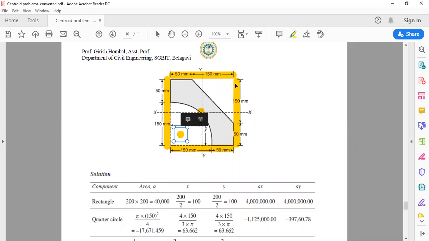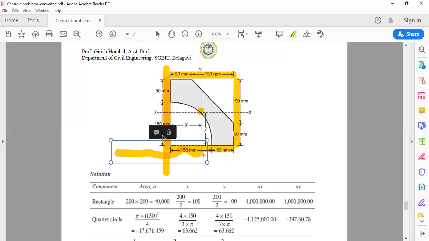So first one is a square or a rectangle whose area is 200 by 200. So you can see it is 200 by 200. We have the reference x-axis. So this is my reference y-axis. And this is my reference x-axis. This is the origin.